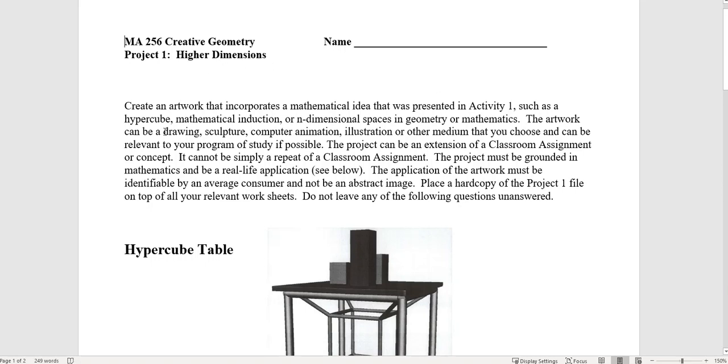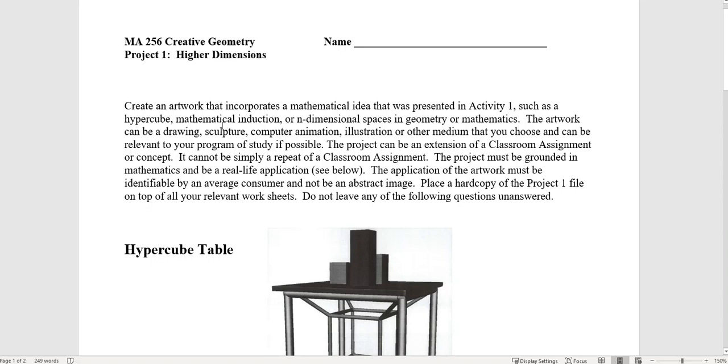They could be sculpture or some type of hand drawing, oil painting, some construction or something. And of course, we can't do that now with this being online. And so basically, it's going to have to be some type of digital file that you submit to the Canvas grading area.